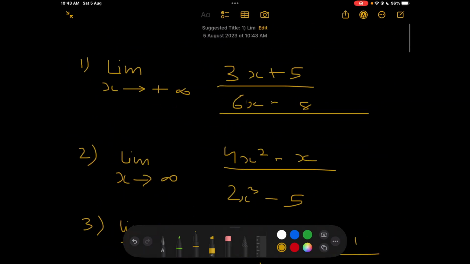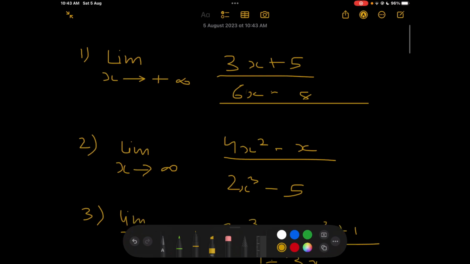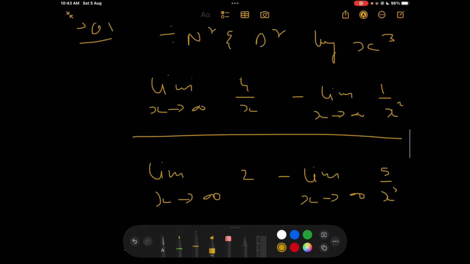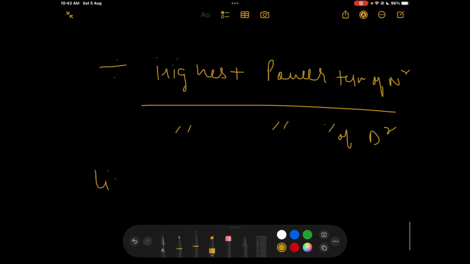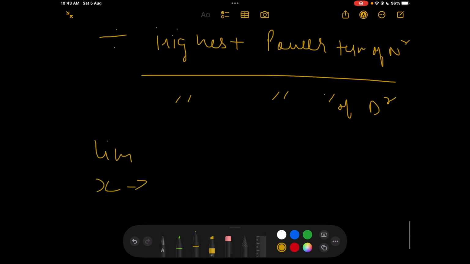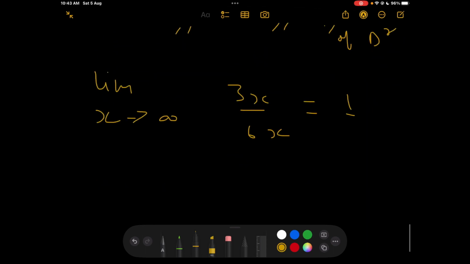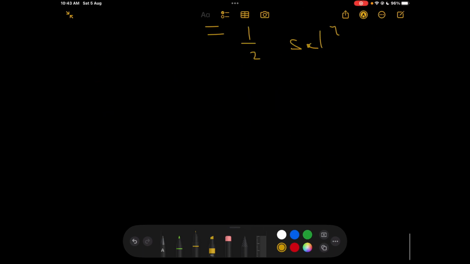So let us solve by that. In the first question, the highest power term of numerator is 3x and the highest power term of denominator is 6x. So limit x tends to infinity 3x upon 6x. It will be limit x tends to infinity 1 by 2, which will remain 1 by 2. So the solution is 1 by 2.